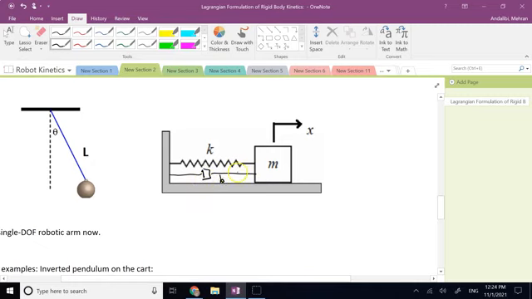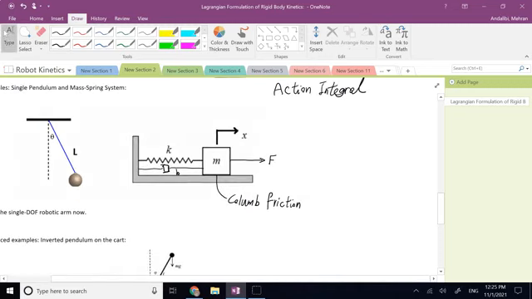So here is the viscous damping with coefficient B, and we can add some Coulombic friction here too, plus some external force F. So first, let's do the pendulum example.